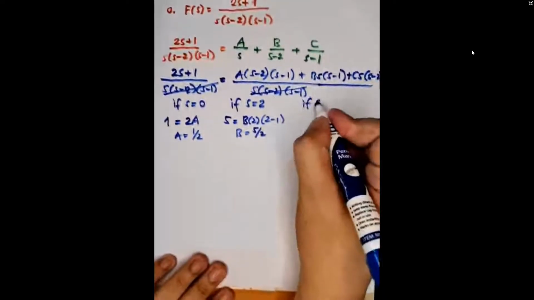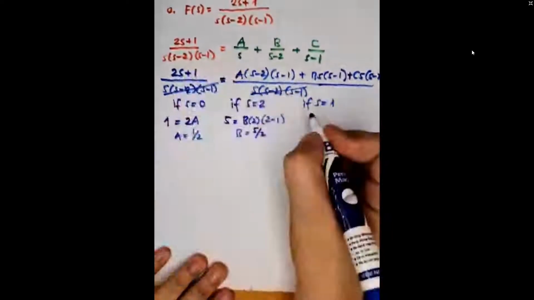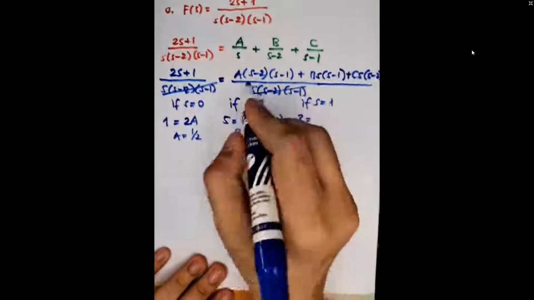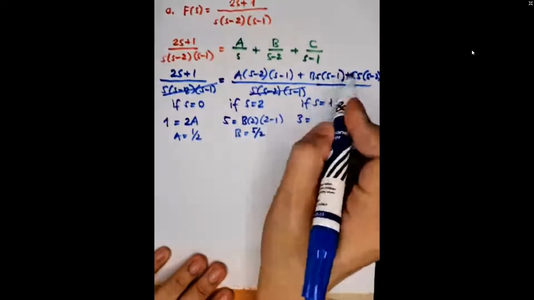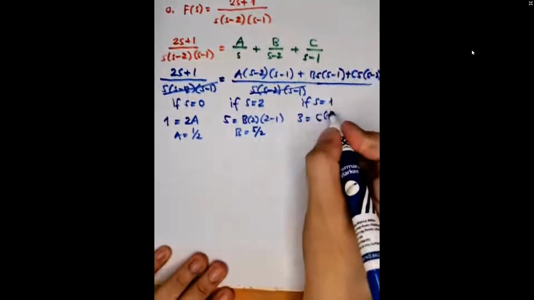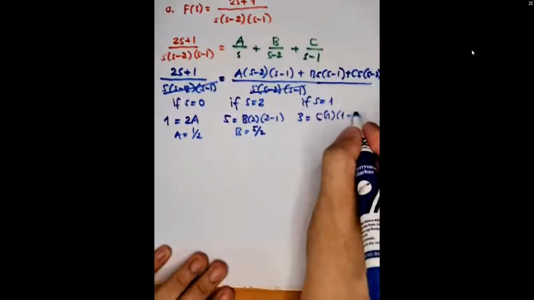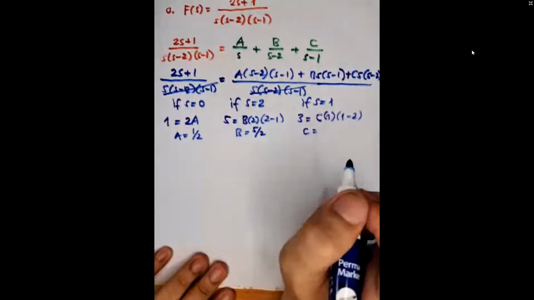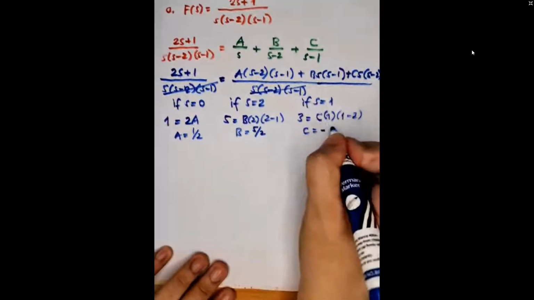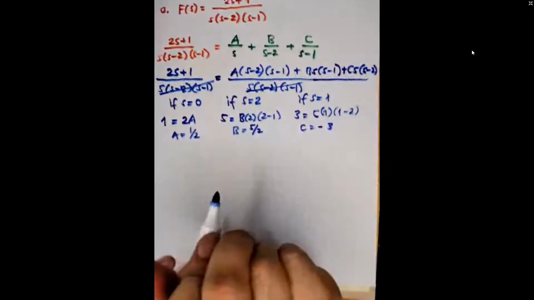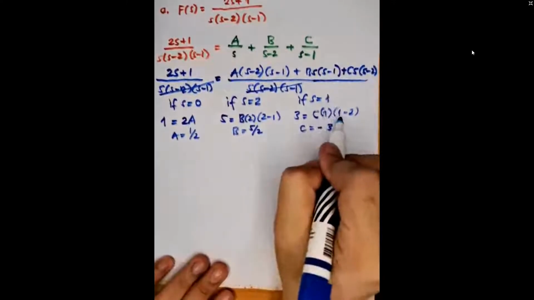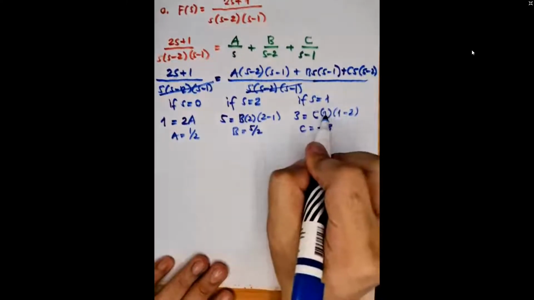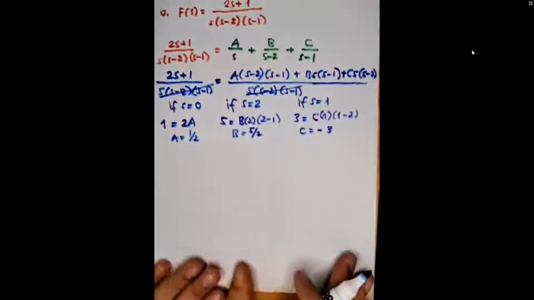And if s is equal to 1, so we'll have 3 is equal to 0, 0, so we'll have C times 1 times 1 minus 2. So C is negative 3. Right? 1 minus 2 is negative 1, negative C, so C is negative 3.